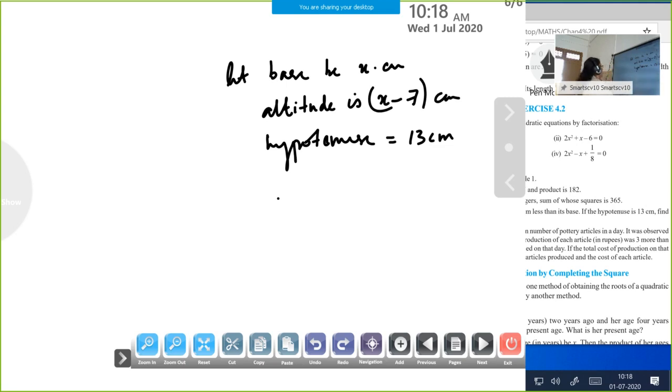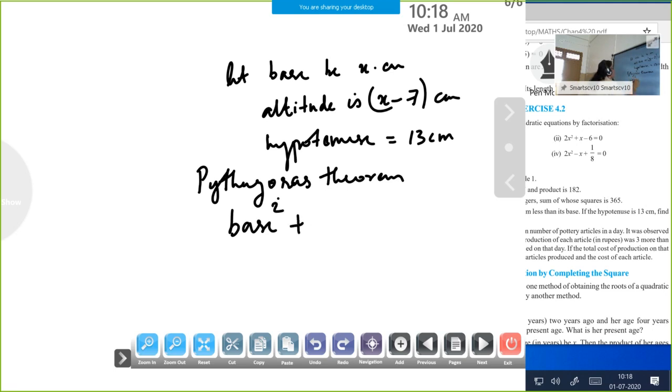Okay. Then using Pythagoras theorem. What is Pythagoras theorem? Base square plus altitude square is equal to hypotenuse square.